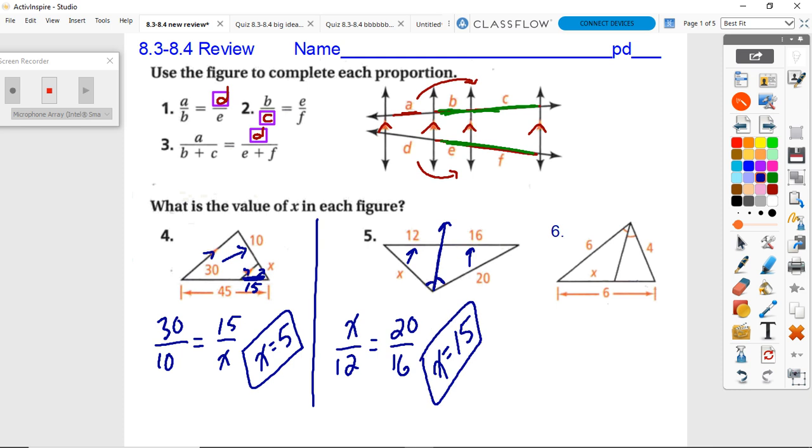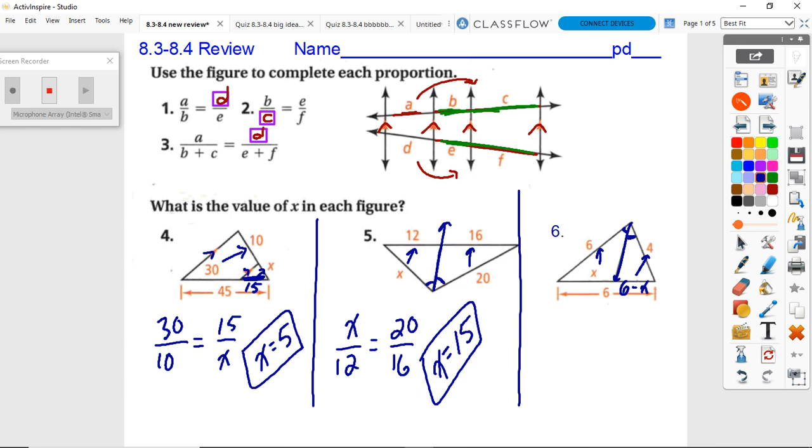Another triangle angle bisector theorem. We've got the bisector here of an angle of a triangle. It'll break it up proportionally. So I know x is to 6 as whatever this is to 4. And again, if the whole thing is 6, then we can represent this piece by taking 6 and subtracting the x.